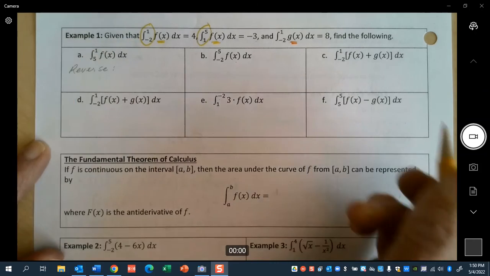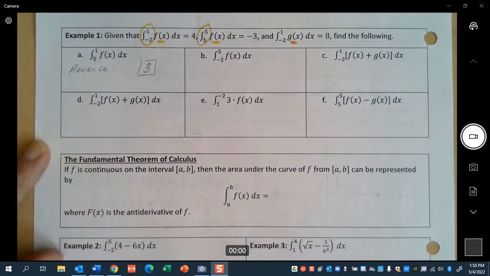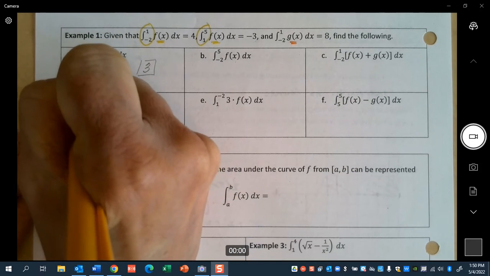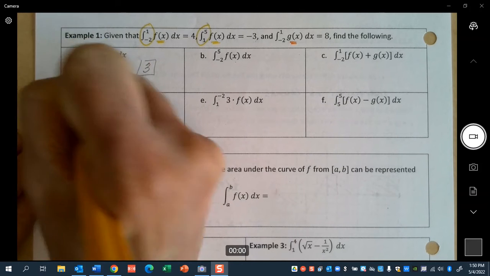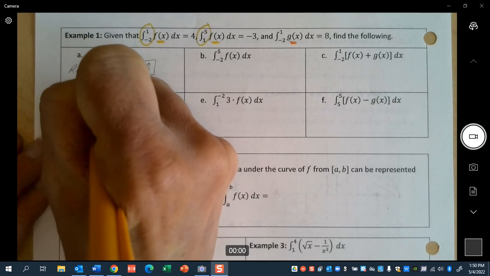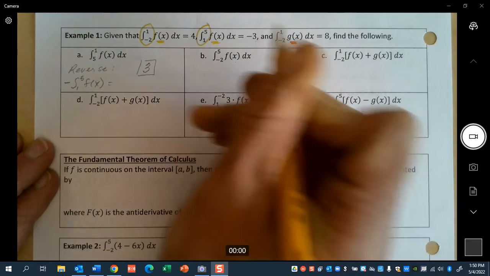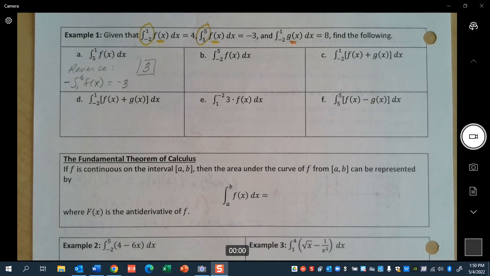That's going to be our reverse, which is going to give us a value of positive 3. And I know that the interval from 1 to 5, if I take the opposite, and therefore I get an answer of 3.